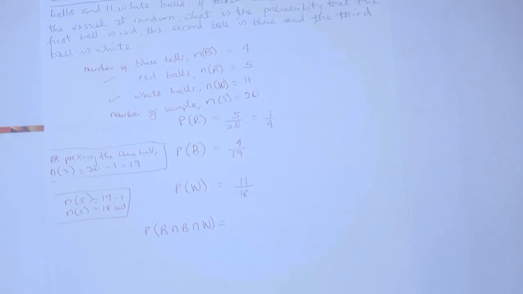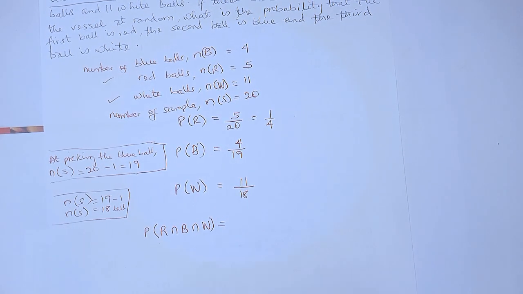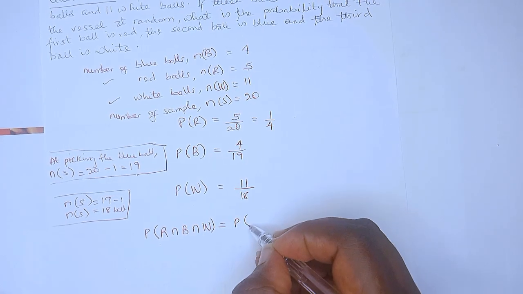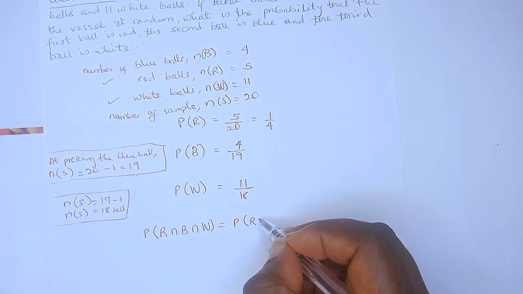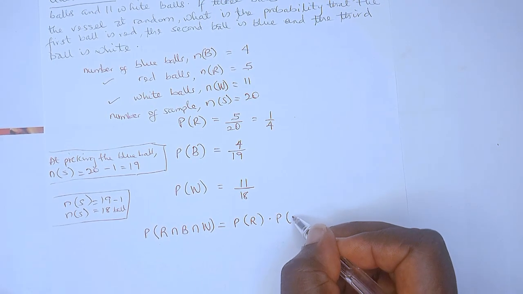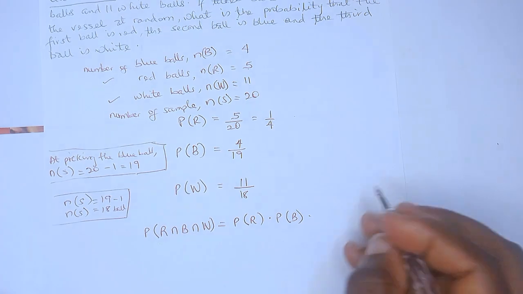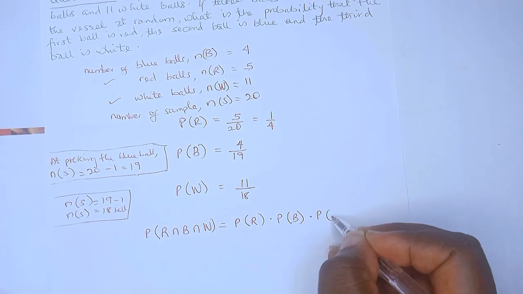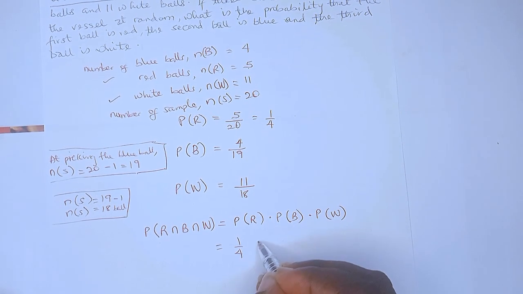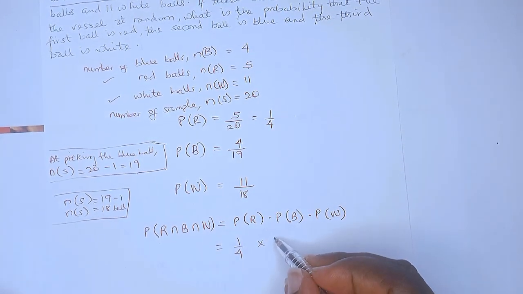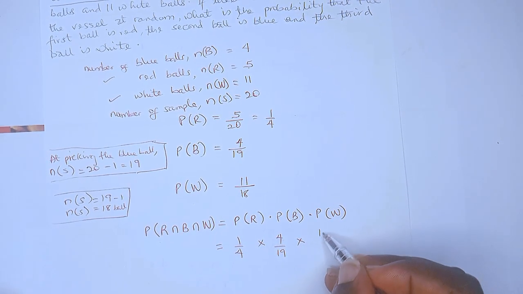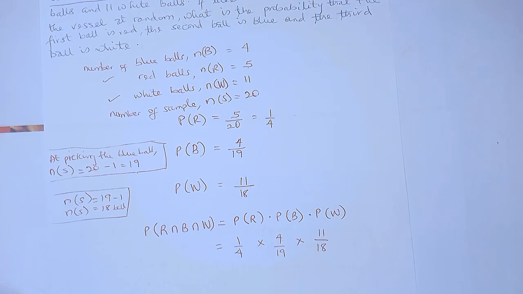And to look for the intersection of red, blue and white is going to be the probability of red times the probability of picking the blue ball times the probability of picking a white ball. So P of R is equal to 1 over 4 times P of B is 4 over 19 times P of white is 11 all over 18.